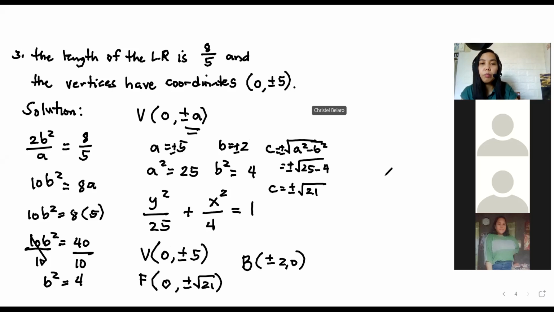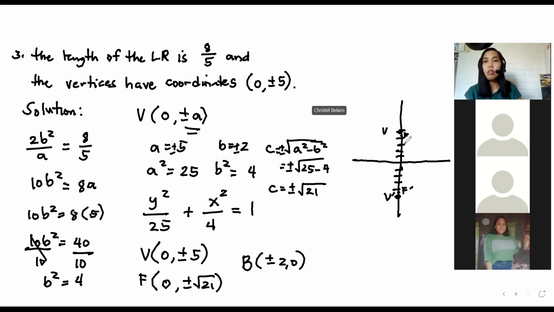Then you plot the points. 0, positive, negative 5. 1, 2, 3, 4, 5. Okay. Positive, negative square root of 21. That's close to the square root of 25, which is 5, but it's only 4 point something. So, assume it's there. 1, 2, 3, 4.